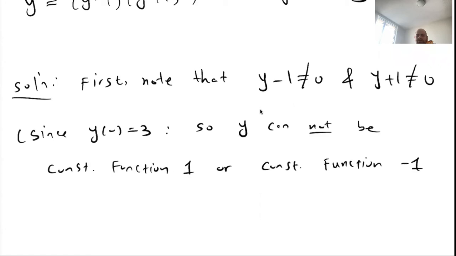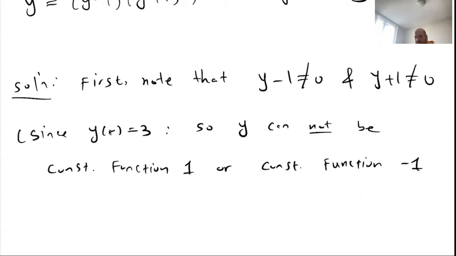But y cannot be constant function 1 or constant function minus 1, because constant function 1 will be always 1, and constant function minus 1 will be always minus 1. But here y of 0 is 3. So y at some point is 3, which is neither 1 nor minus 1.